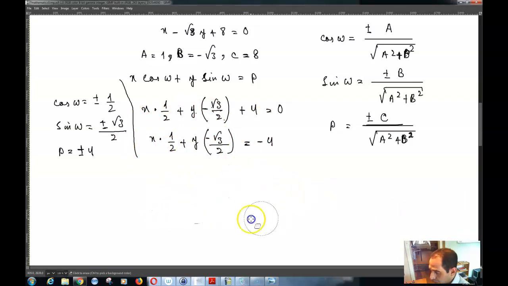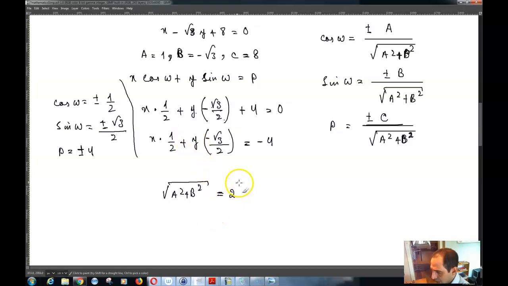And that's why in the previous example that we did, we just simply calculated the square root of a squared plus b squared, and then we divided the whole equation by this. And in this particular example, the square root of a squared plus b squared was equal to 2.